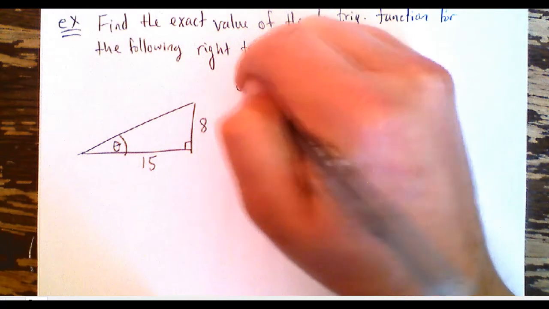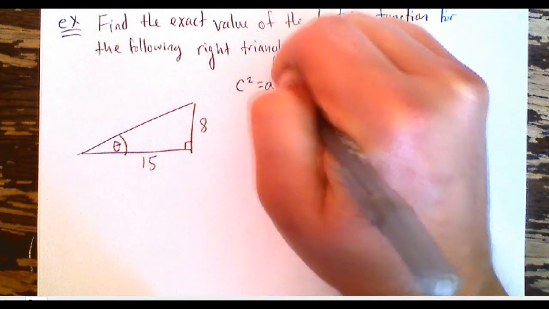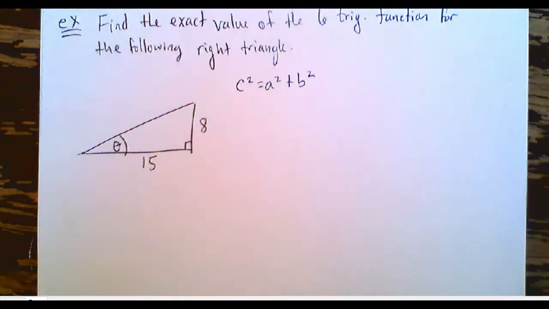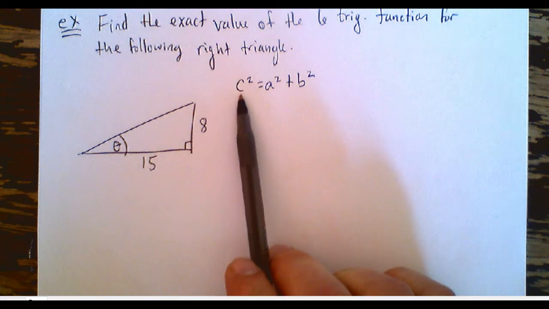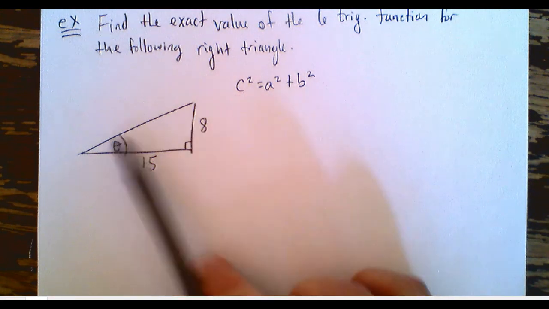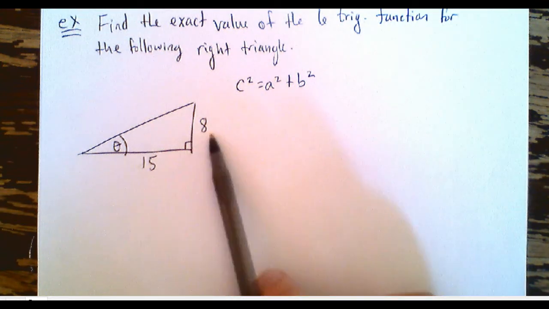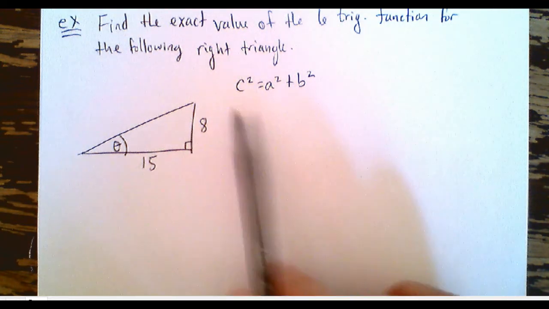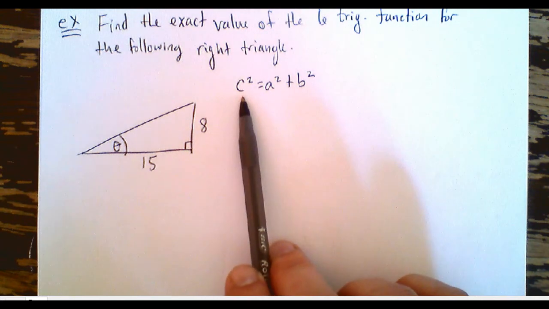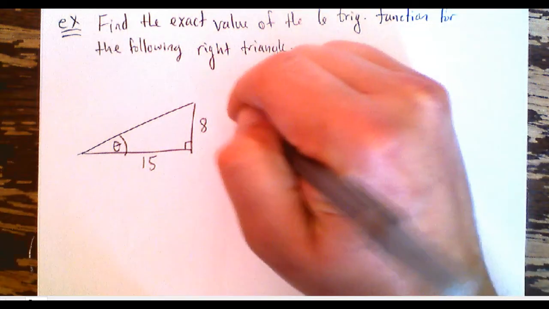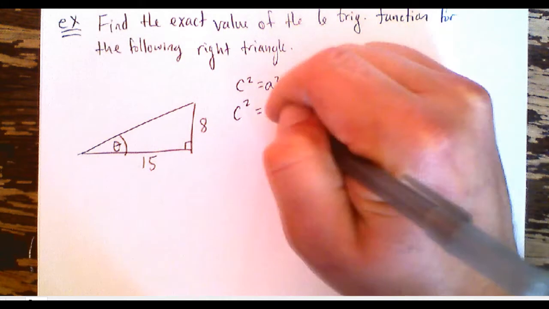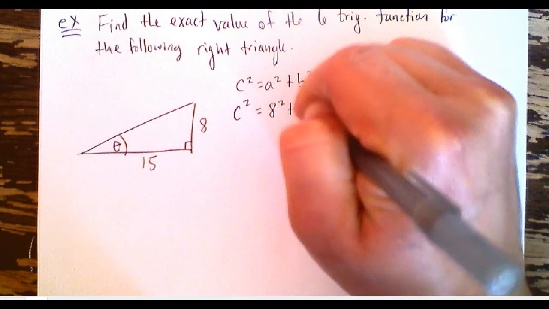So we know that c squared is equal to a squared plus b squared. Recall that c is the length of the hypotenuse, and a and b are the lengths of the legs of the right triangle. So here we're trying to find c. So c squared would be equal to 8 squared plus 15 squared.